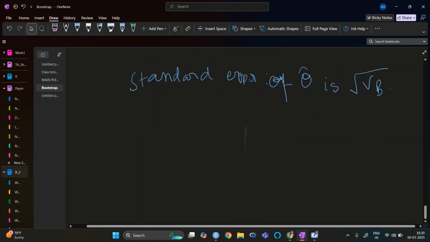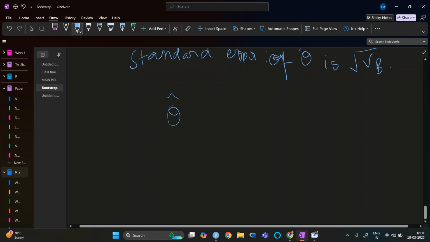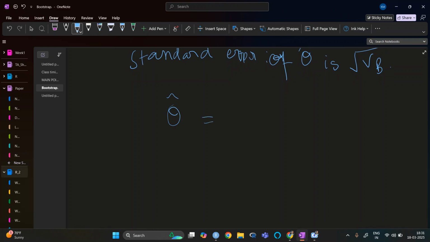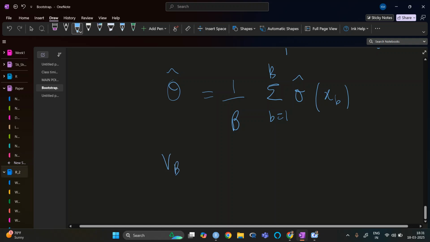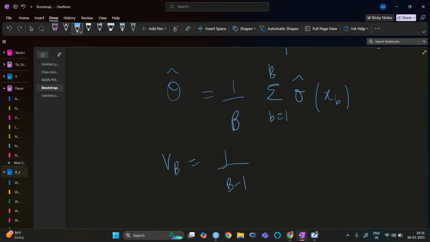I will write that theta bar is 1 upon B summation b equal to 1 to B of theta cap x b, and then VB will be 1 upon B minus 1, because this is how we take the sample variance, summation b equal to 1 to capital B of theta cap x b minus theta bar, whole square.